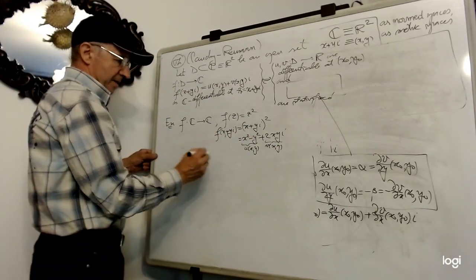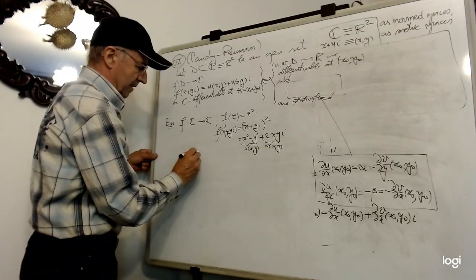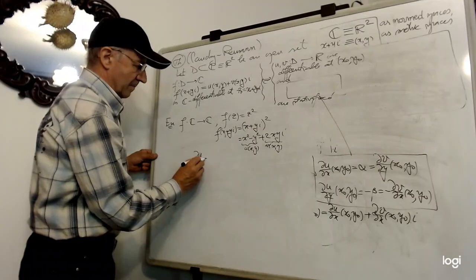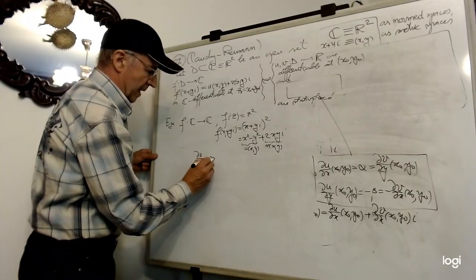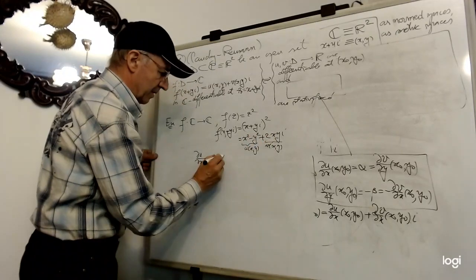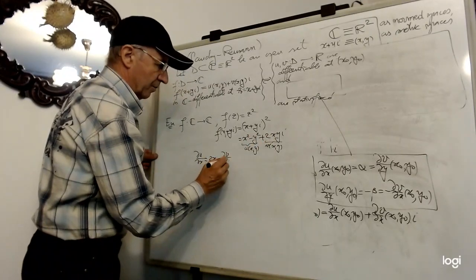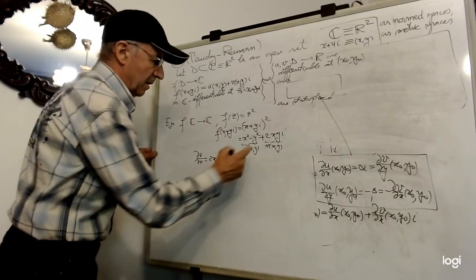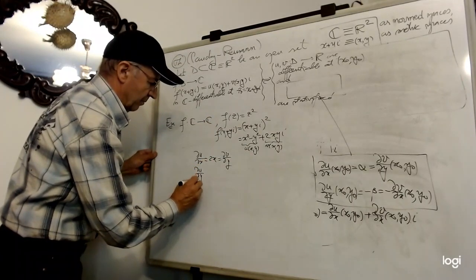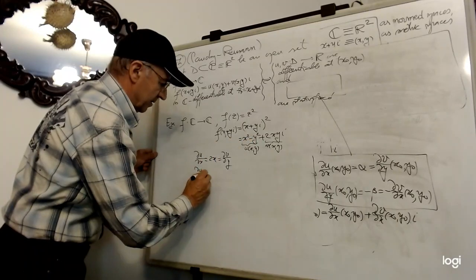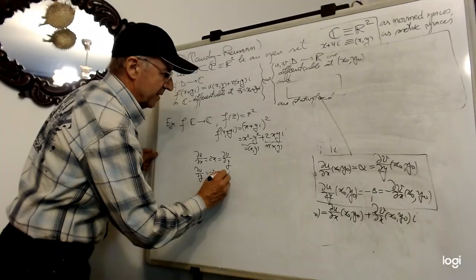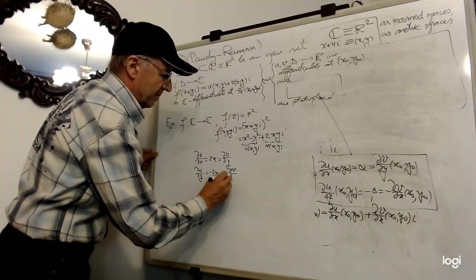In this case, you can see that the derivative of u with respect to x is 2x and is exactly the derivative of v with respect to y at any point, and the derivative of u with respect to y is minus 2y, which is minus the derivative of v with respect to x.